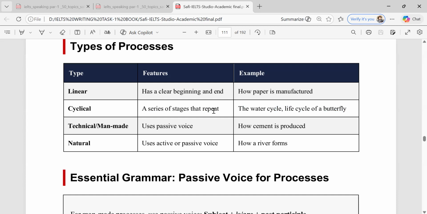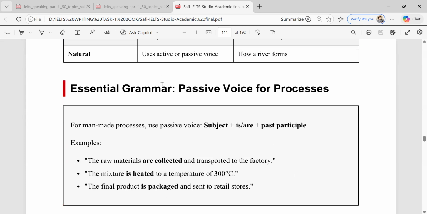Man-made means something that is produced or manufactured by man, for example, how cement is produced. And then we can have natural, for example, how a river forms, something that's natural. So these are the four different types of process diagrams we need to understand and study.